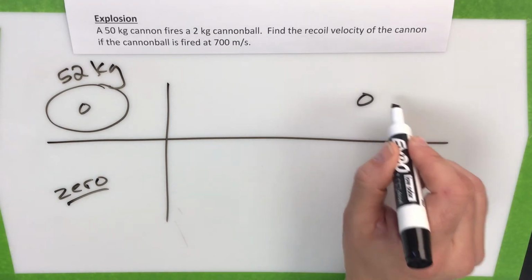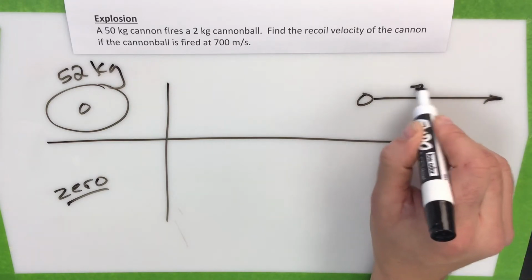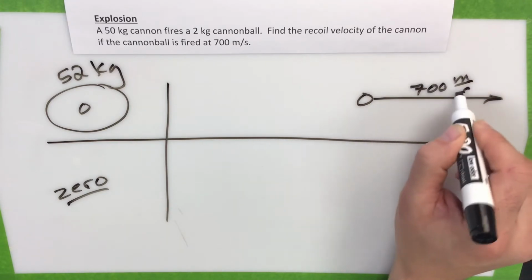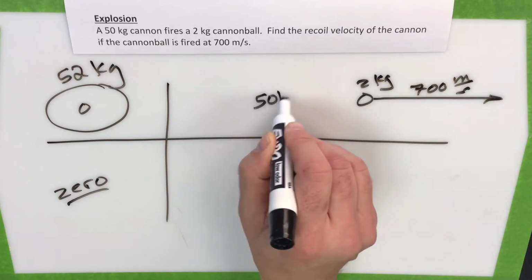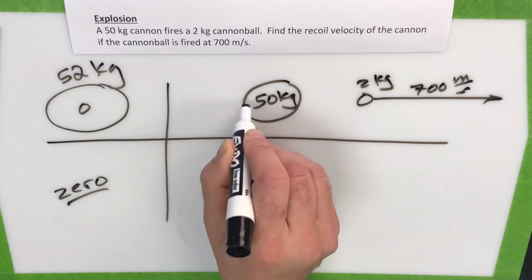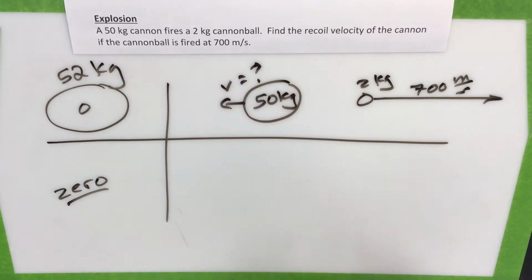This is the 2 kilogram cannonball fired at a high speed of 700 meters per second, 2 kilograms, and this is the 50 kilogram cannon that is recoiling in the opposite direction at obviously a much smaller unknown velocity. So now down here, total momentum.